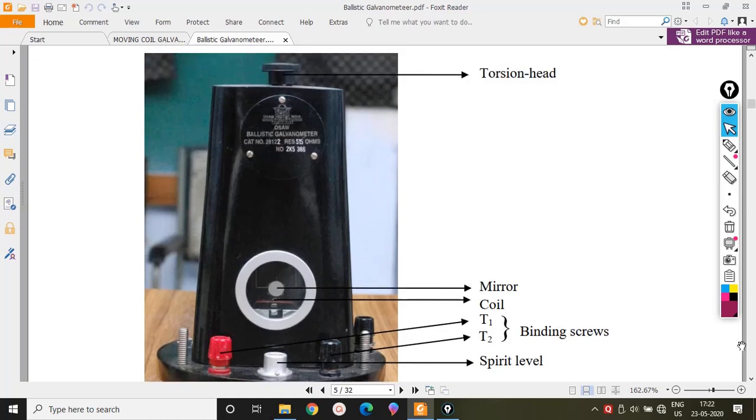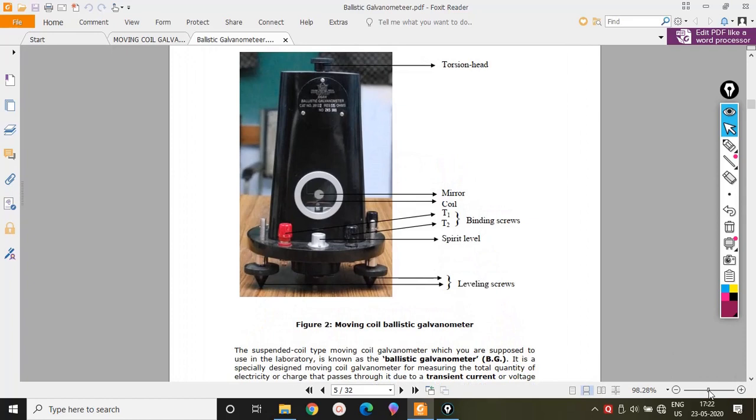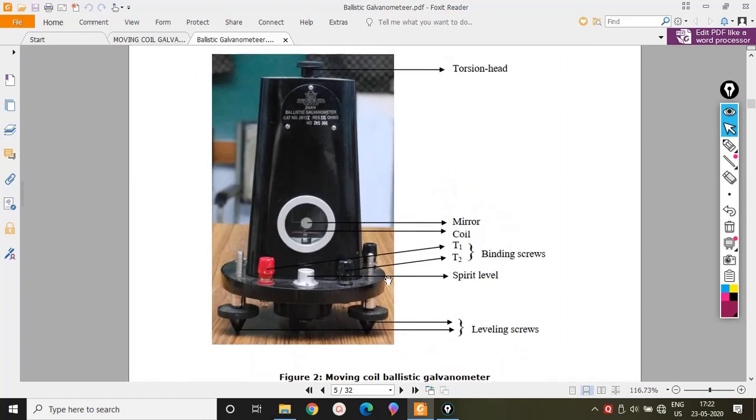So this is the laboratory ballistic galvanometer, and this laboratory ballistic galvanometer has a mirror here, which you can see. You have a mirror here, then the coil is there. T1 and T2 are two binding screws, then you have two leveling screws.